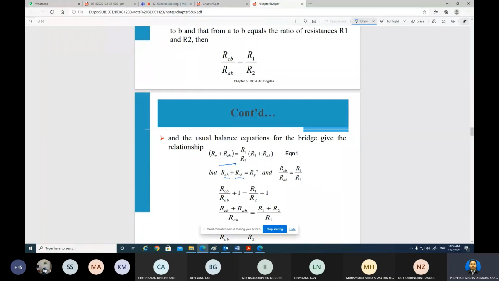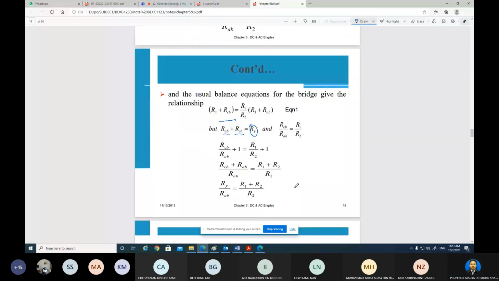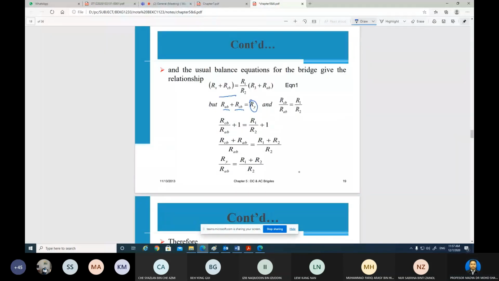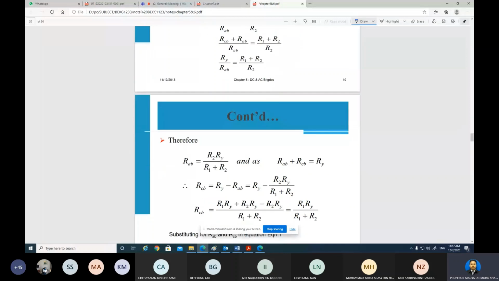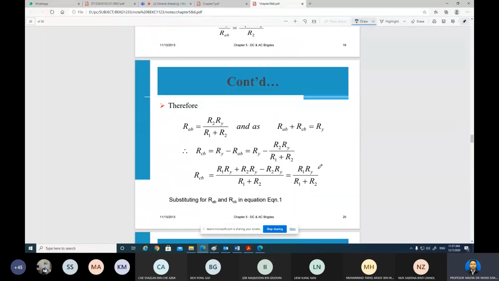That's how we get the Ry. From this formula we can simplify to the equation: R1 over RAB equals R1 plus R2 divided by R2. Then substitute into this equation.